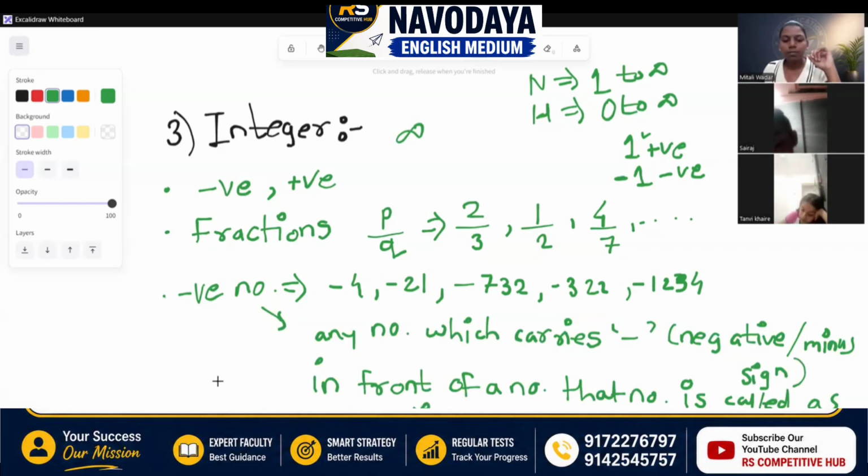Okay, this is the definition of a negative number. Means any number which carries a negative or minus sign in front of a positive number is always known as a negative number. And write all these examples in front of it. Write all this, then give me a call that you're done.